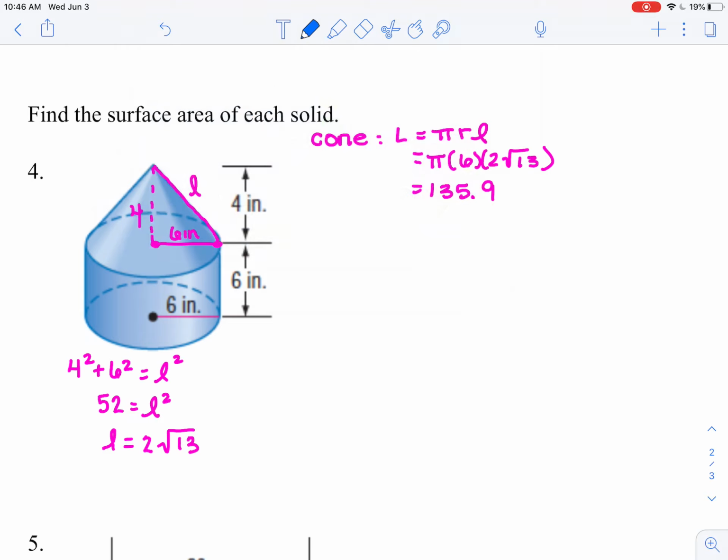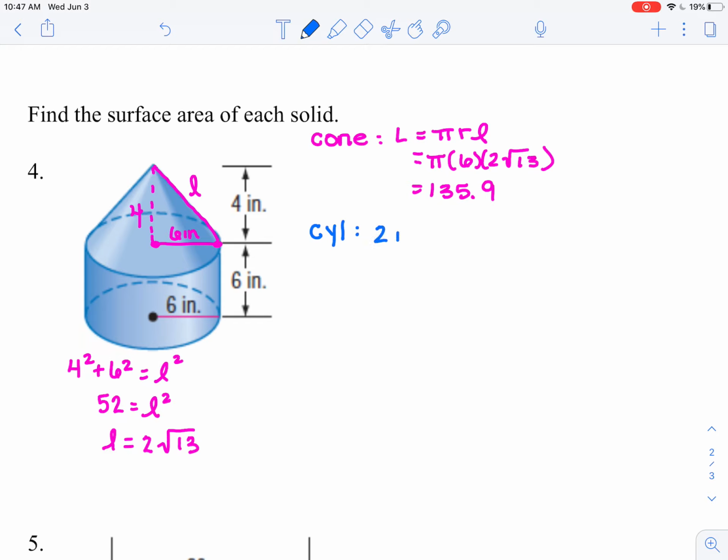Okay, then if we take a look at the cylinder portion of this picture, for the cylinder, we need to cover the curved part of the cylinder and the bottom base of the cylinder, but we would not cover the top of the cylinder because it's hidden within the solid. So for the curved portion of the cylinder, that would be the lateral area.